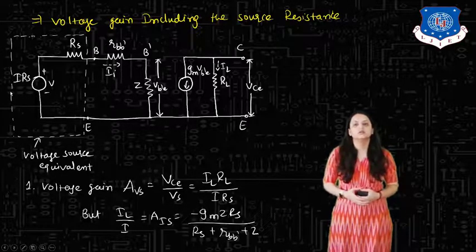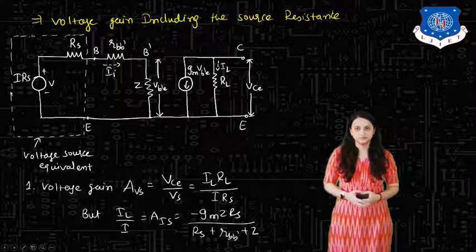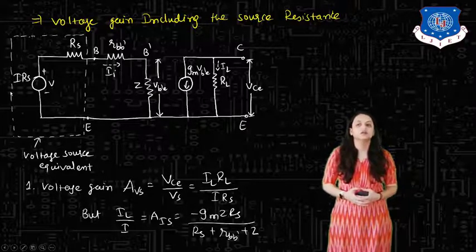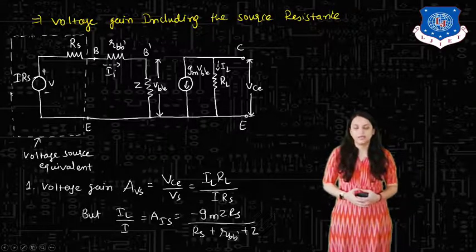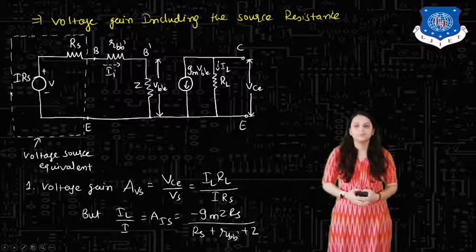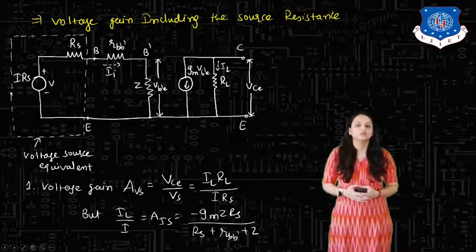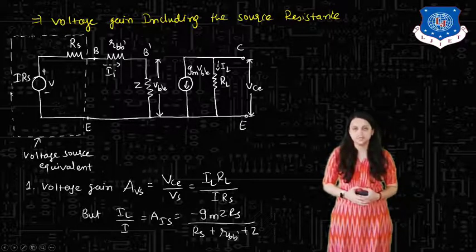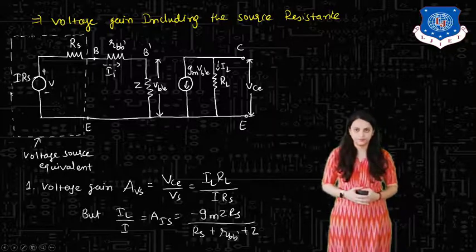Now next is voltage gain including the source resistance. Here we have considered the source resistance and voltage gain. At the input side, as you can see in this circuit, a voltage source equivalent is used, where the voltage I RS together with the source resistance RS is combinedly called the voltage source equivalent.